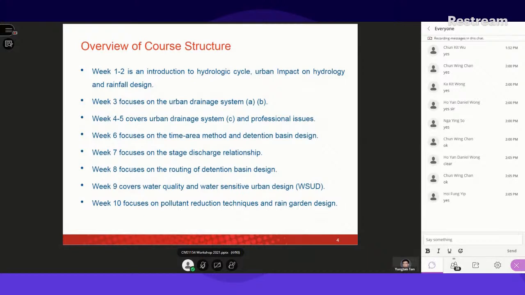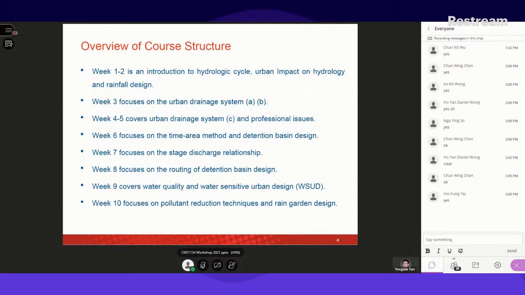That means the impact of urbanization on the hydrology and the rainfall design. The major reason is that during the urbanization process, the trees and the vegetation are removed and replaced by concrete or other impervious pavement or structures.